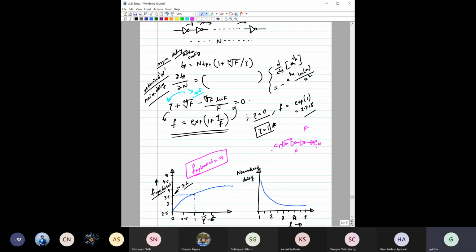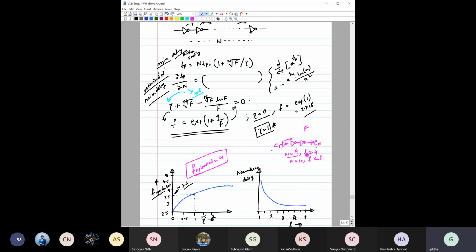Suppose I choose n equal to 4, and that will help me make f close to 4, then I will choose n equal to 2. Suppose I choose n equal to 10, probably that would make f much less than this 4, which is again not a good optimized way to design it.